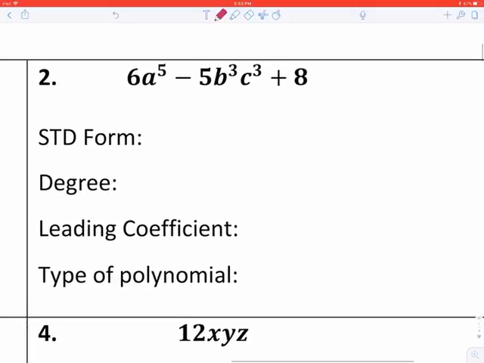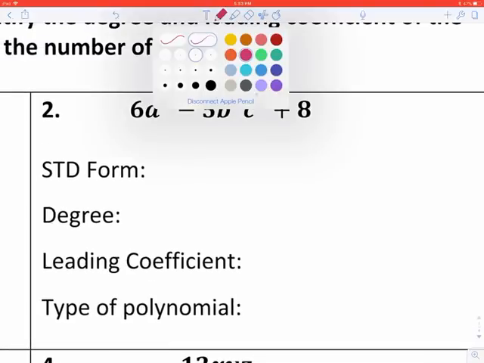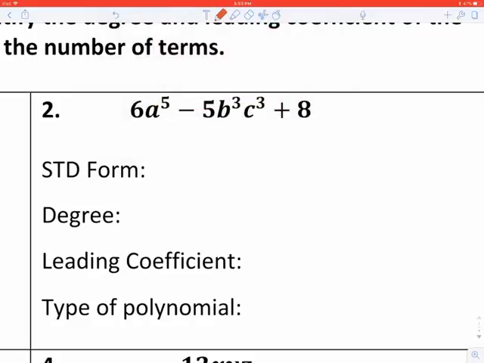Here, at first glance, it may look like my degree would be 5, but actually it's 6, because remember, when we have variables attached to each other and they have exponents, we need to add their exponents together to get how big of a term it is. So this one here, I would take 3 plus 3. So actually this one has a degree of 6.